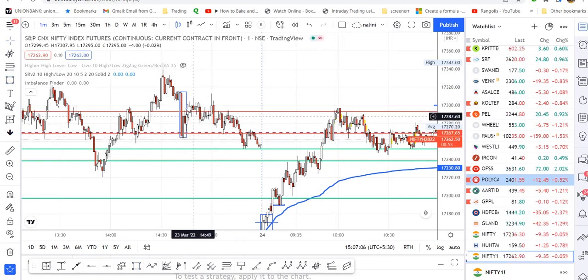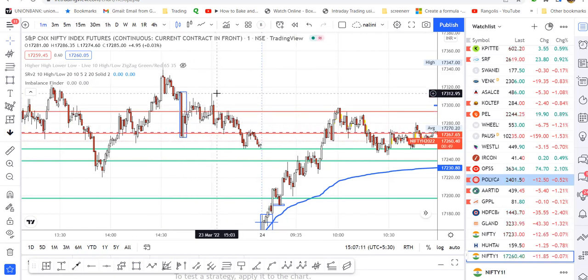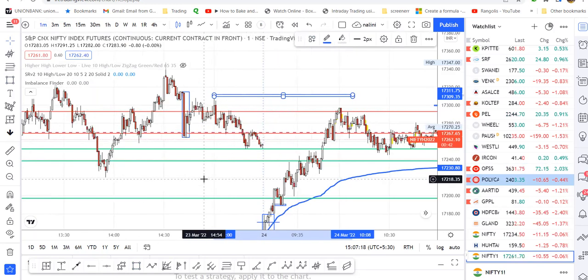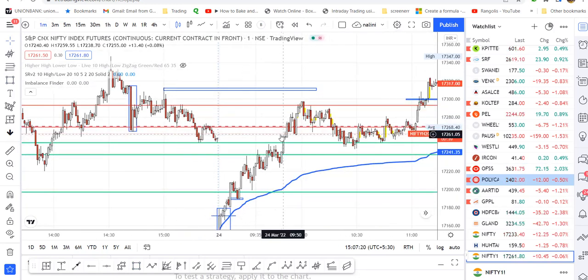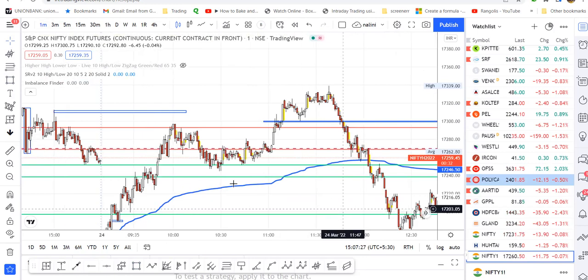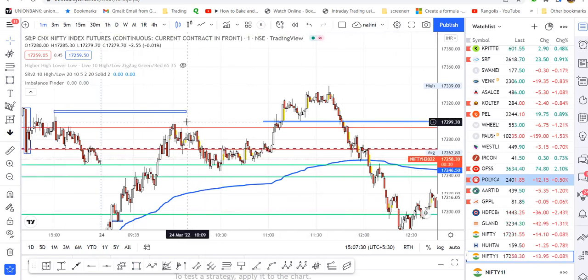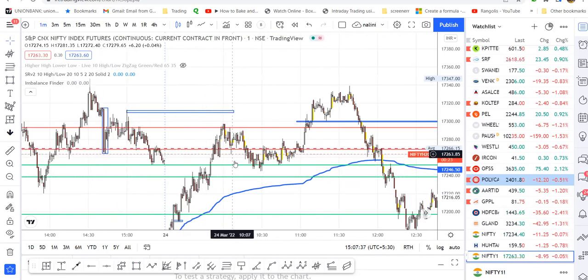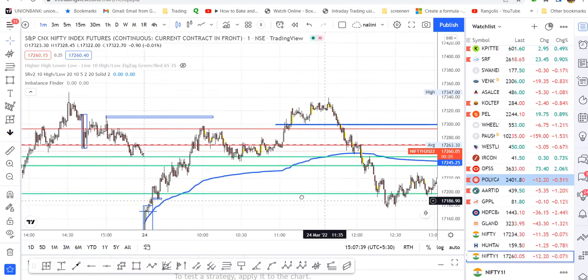Mitigated means this seller has been neutralized by the buyers and sellers. So you have to mark the level of that area and anticipate, and by trailing the stop loss, I was able to conquer this much of the trade. And I closed my trade in the morning itself. This is how one can trade successfully even in the opening bell.